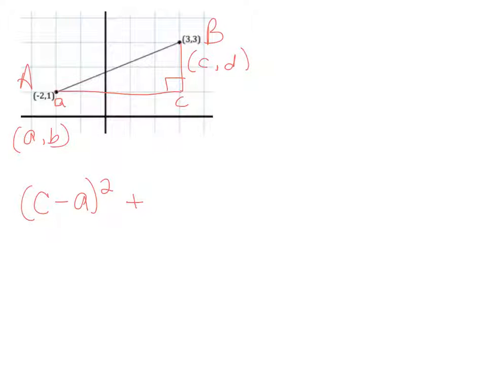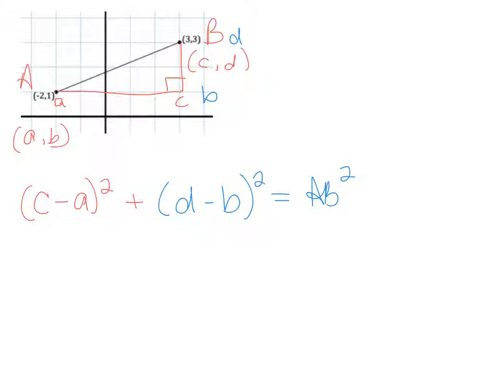Plus, if we look at the y values, this is B and D. D minus B, squared, that gives us the length of segment AB.